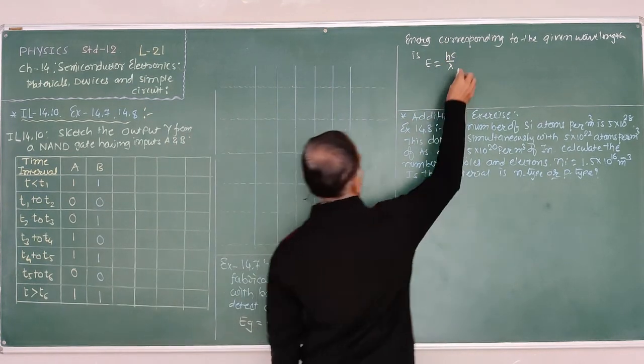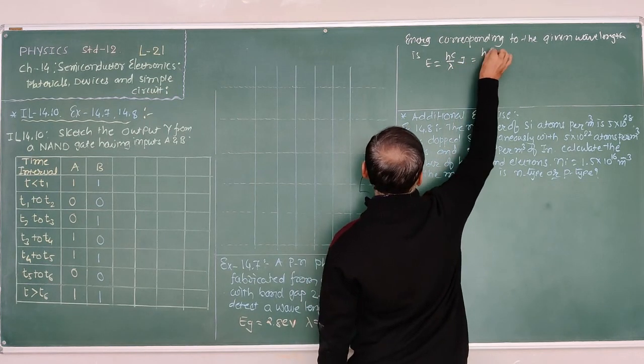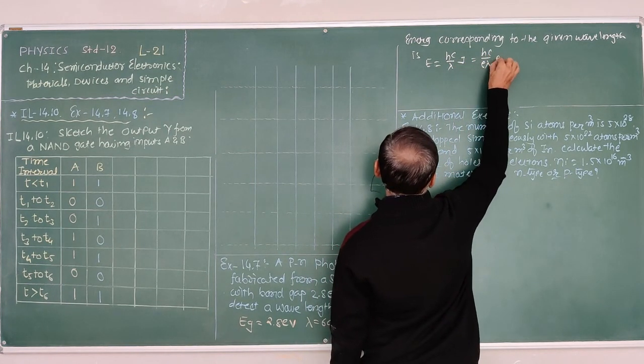To convert into electron volt, E equals hc upon e lambda, that is in electron volt.